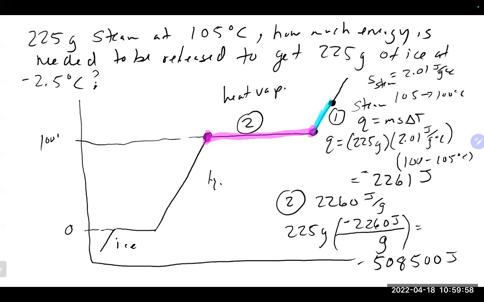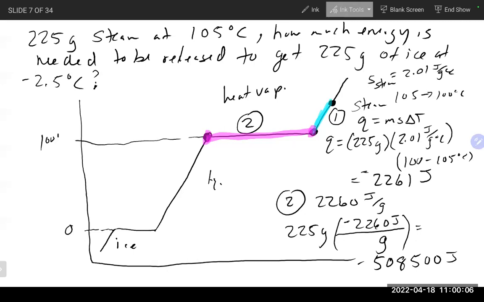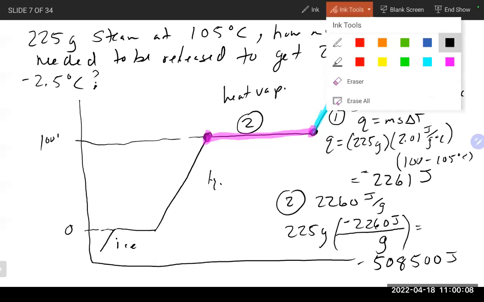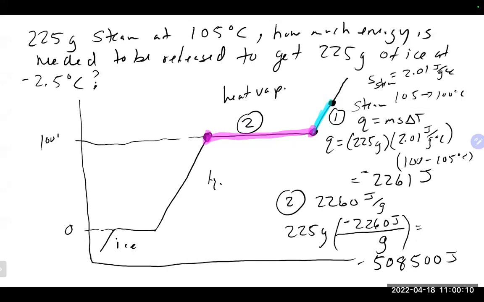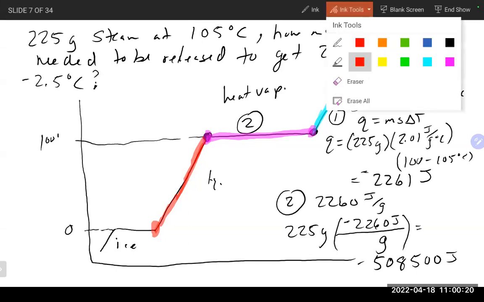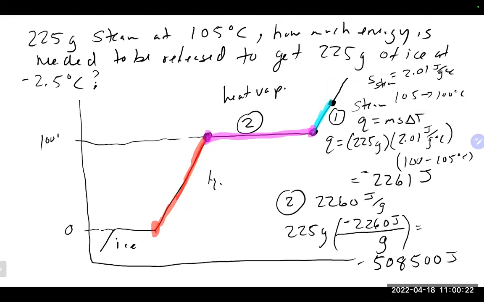Okay, the next thing is we're now sitting at 100 degrees liquid water. The next transition is that liquid water will be cooled down from 100 degrees Celsius to 0 degrees Celsius. In this particular process, we are changing the temperature, but we are not changing the phase.